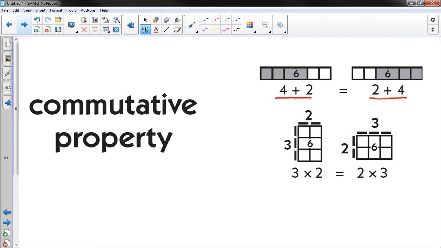In multiplication, which we just did, we learned that 3 times 2 is going to give you the same answer as 2 times 3. Notice that those numbers kind of switched positions, but you're still getting the same answer. And that's what the commutative property is.